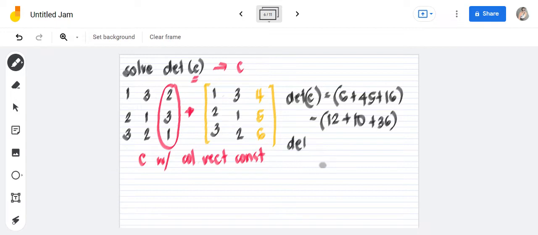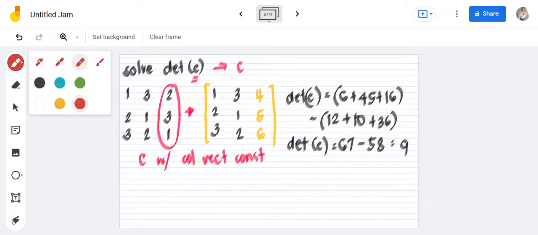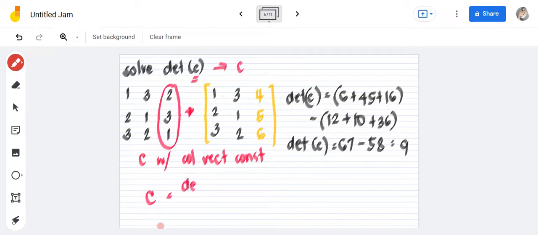Simplifying, we have 67 minus 50, that's equal to 9.